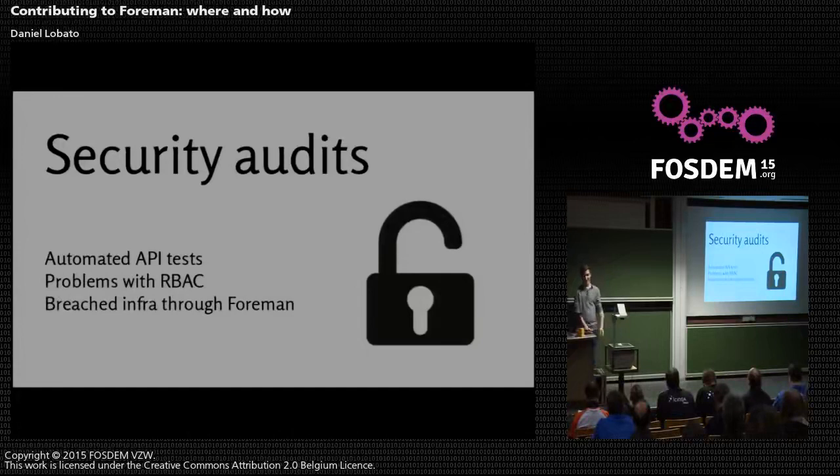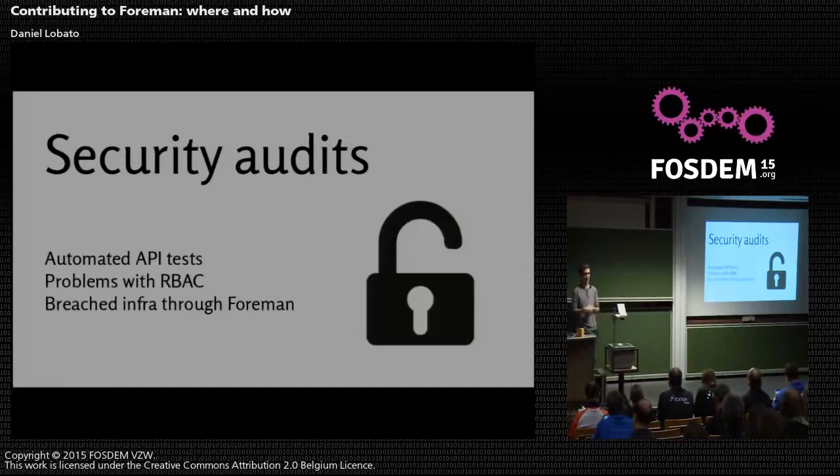So, audits. At least when I worked with Foreman in a production environment, we had the security team make sure that permissions were enforced properly and that the roles were working as people thought they were working.